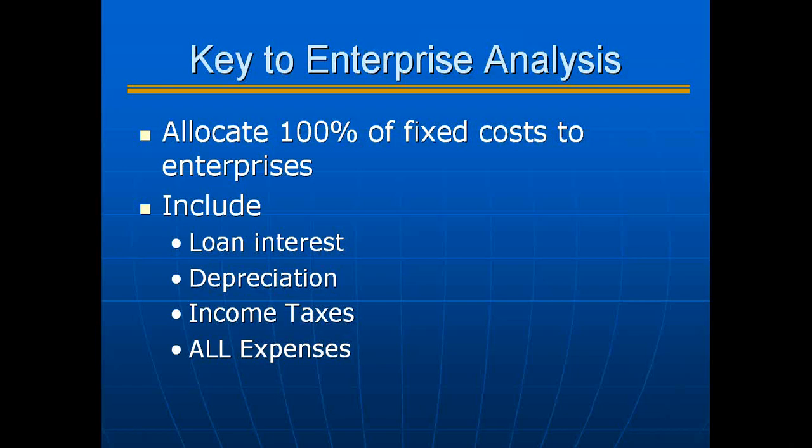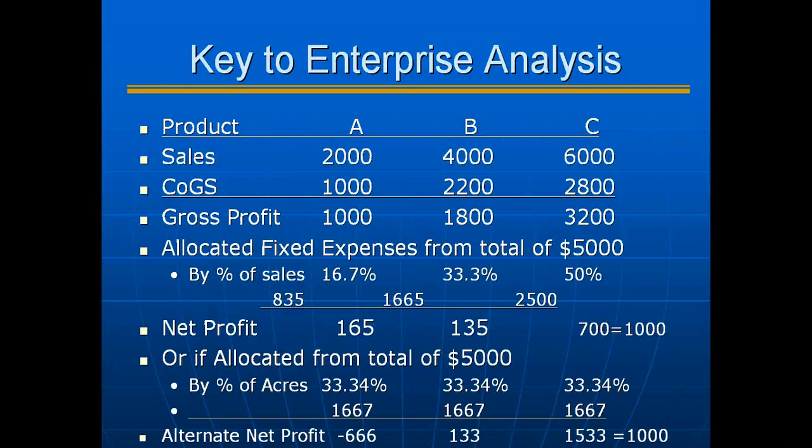And this is a good one. So I have given an example here of two different ways to allocate the fixed expenses. So we have products A, B, and C. Those could be asparagus, broccoli, and carrots. We have a dollar sales figure. We have a cost of goods sold, and then we have a gross profit. And you can see, obviously, our gross profit in this example is highest with the carrots.